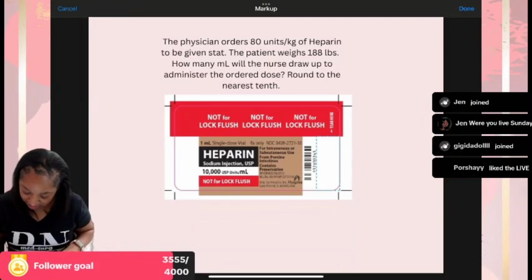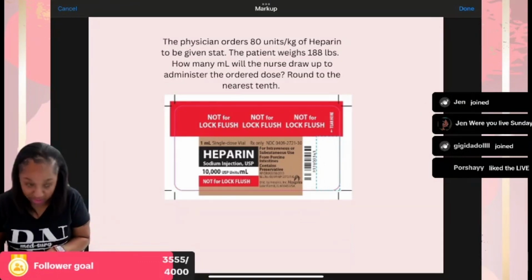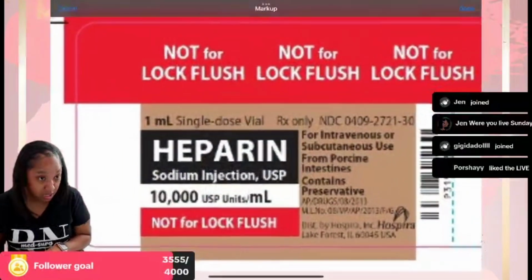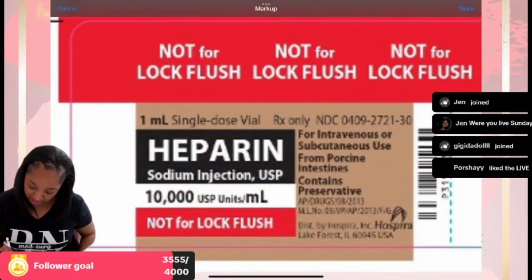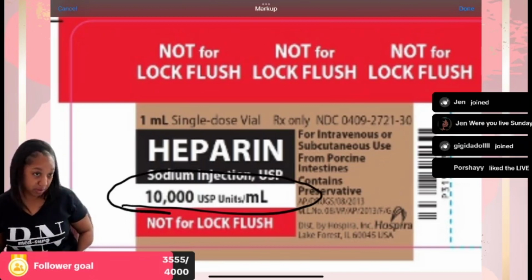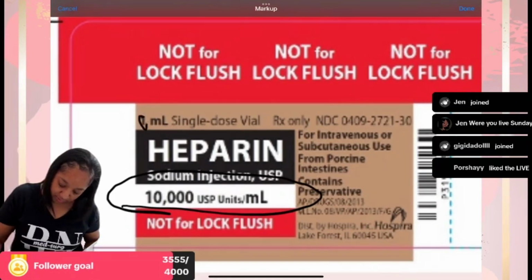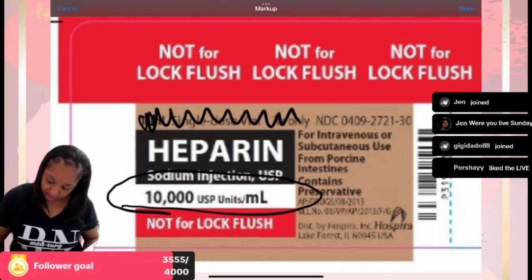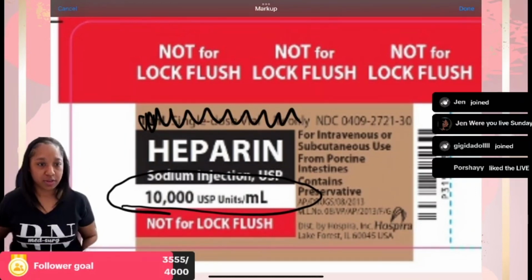So this is telling us right here that there is 10 units in a milliliter. This right here doesn't matter. We need the concentration.